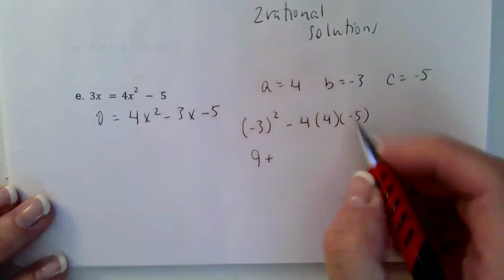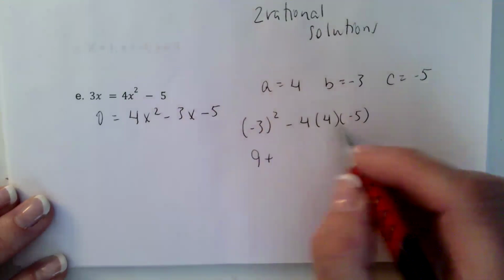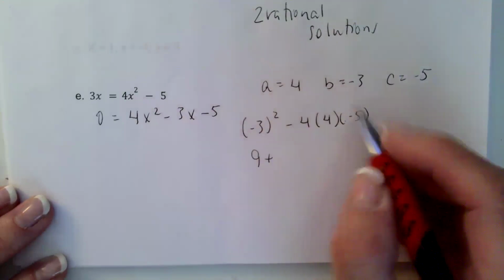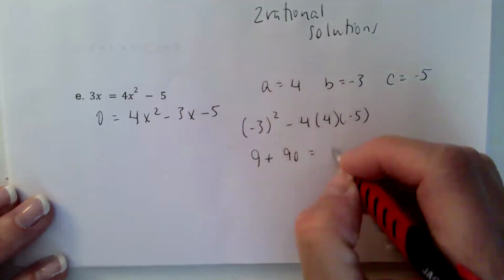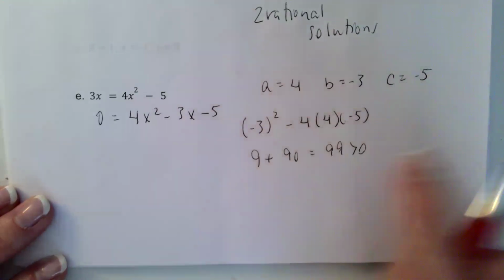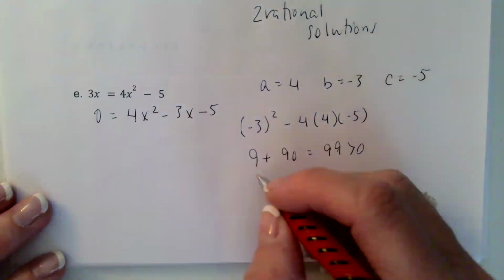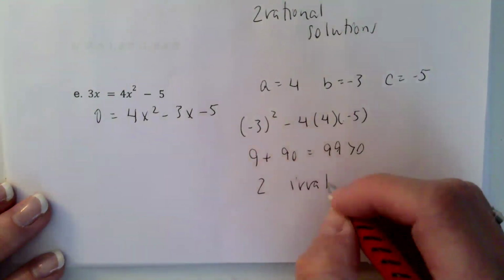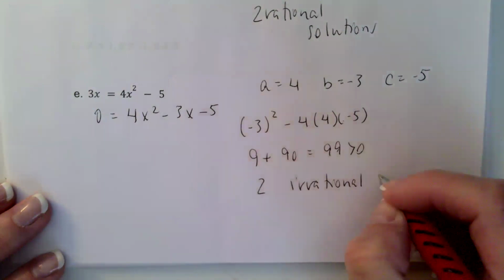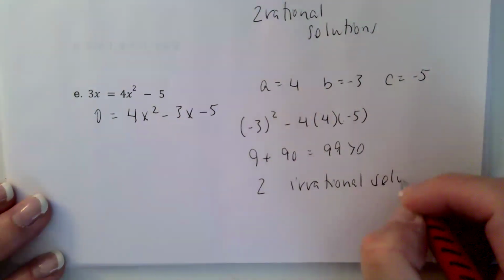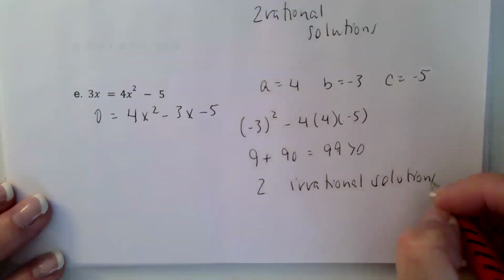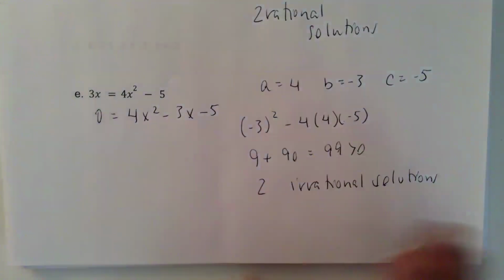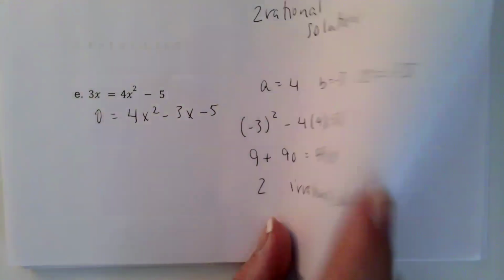So 9 plus, because it's negative times a negative, 16 times 5 is 80, so 89, which is greater than 0. It's not a perfect square. So we have two irrational solutions. Pretty cool how that tells us that information.